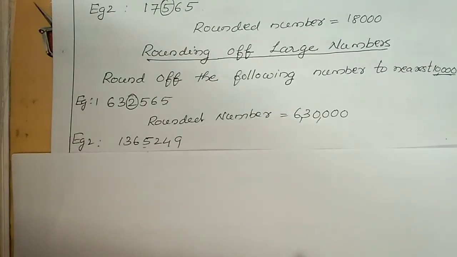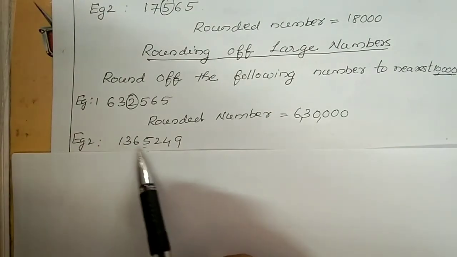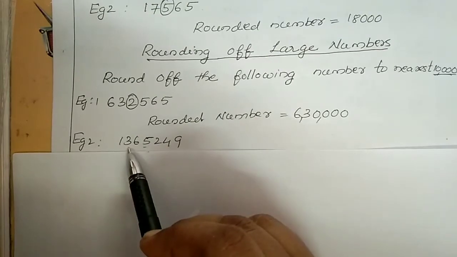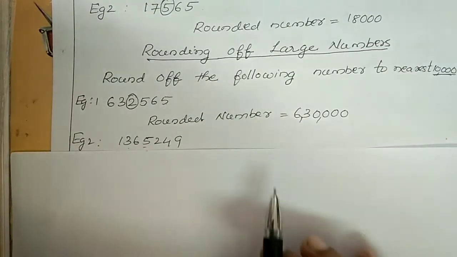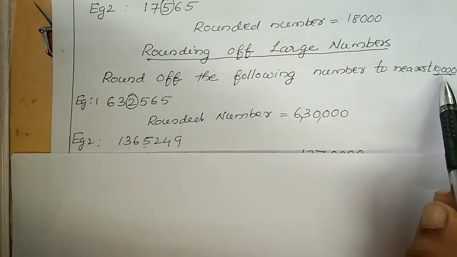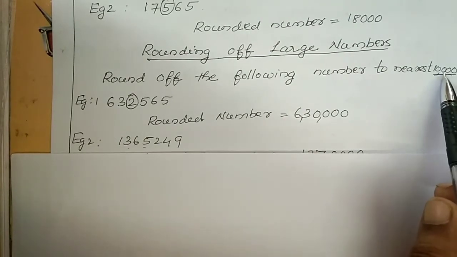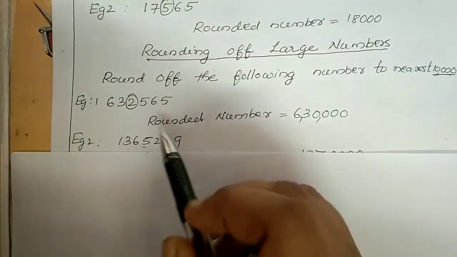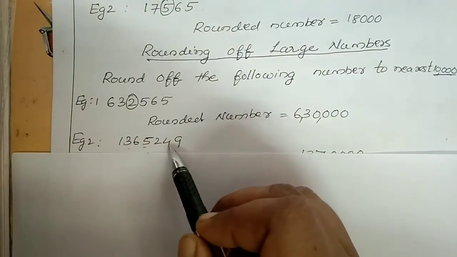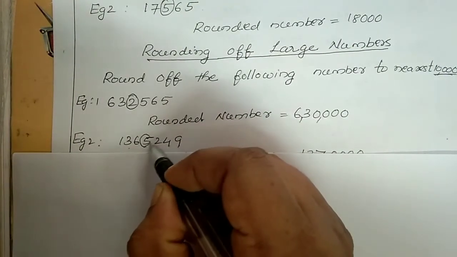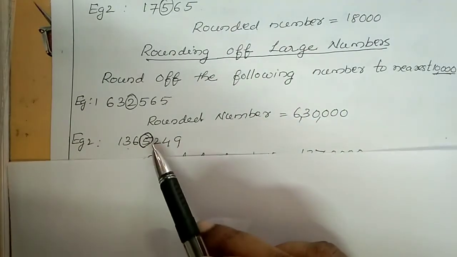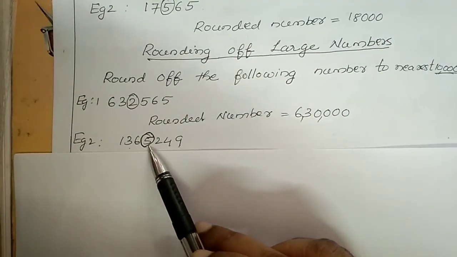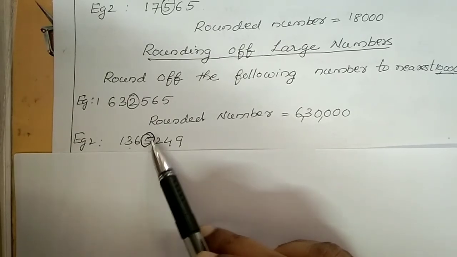Then another example, 13,65,249. In this question, here also our question is round off to the nearest 10,000. In that question you check the thousands place number, counting ones, tens, hundreds and thousands. The thousands place number is 5, which is 5 or more. What is our rule?